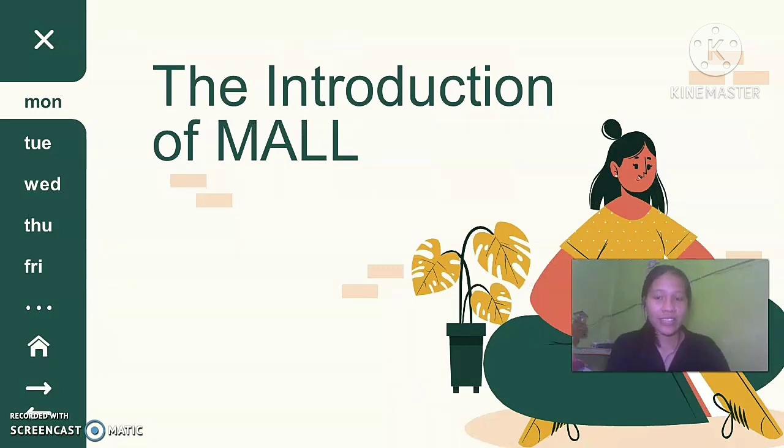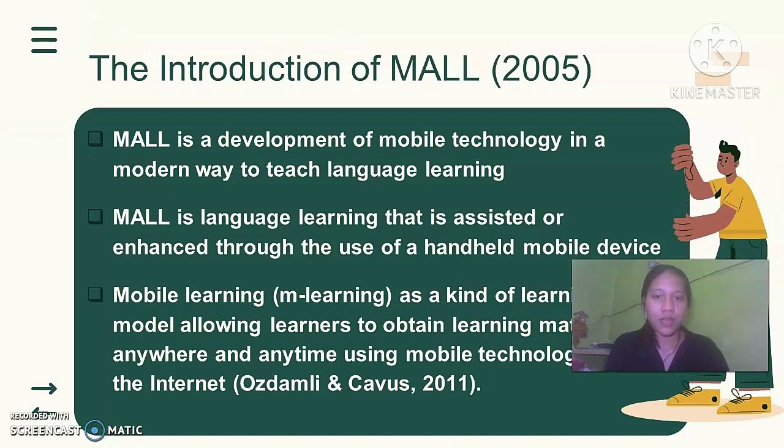Okay, now this is the first topic of MALL, that is the introduction of MALL. The introduction of MALL 2005. If we look at the story of CALL, Bax 2003 states that CALL is more than 3 phases, and the last of 5 phases is MALL, which was introduced in 2005.